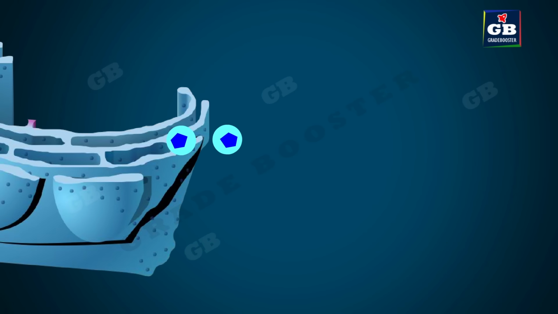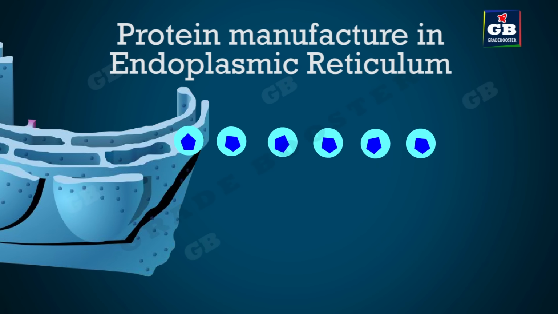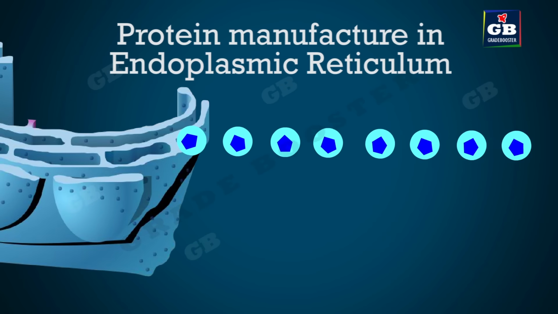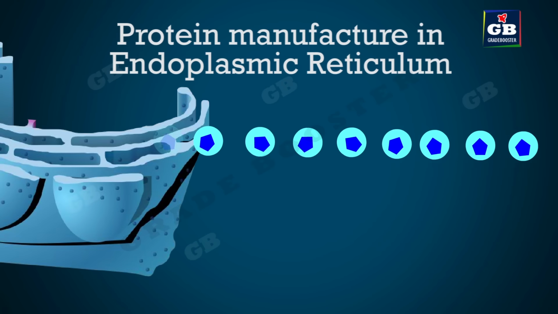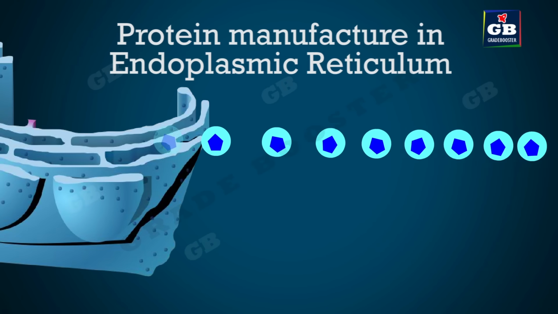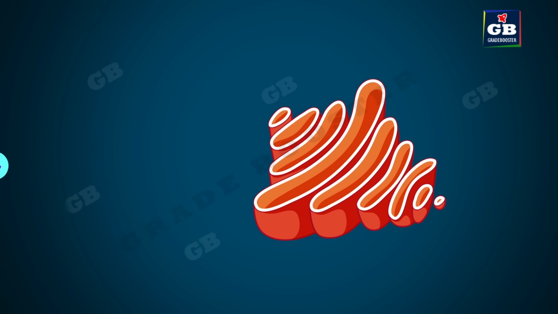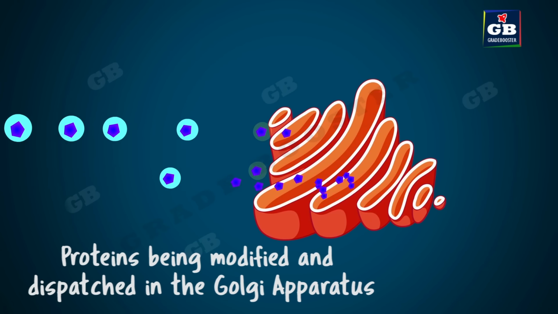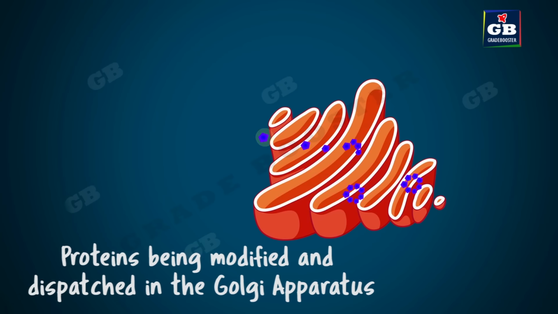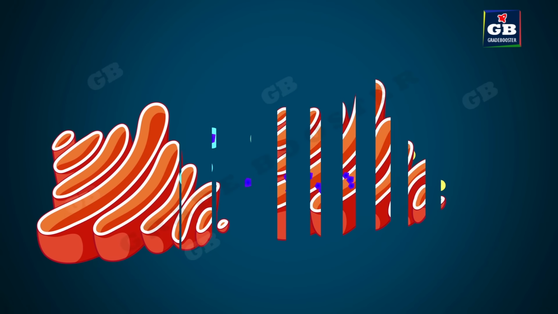In the same way, in our cells, protein molecules are manufactured in the endoplasmic reticulum and then they are sent to the Golgi apparatus for modification and for packing and dispatch. The proteins that are modified by the endoplasmic reticulum are modified, stored, and when needed, they are packed and dispatched in the form of vesicles.